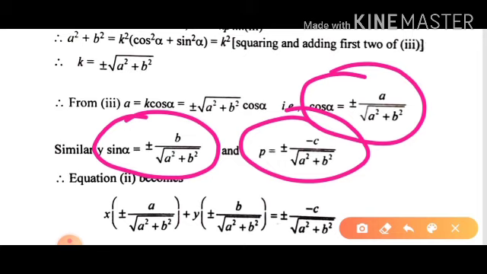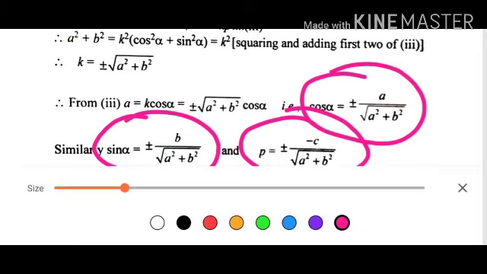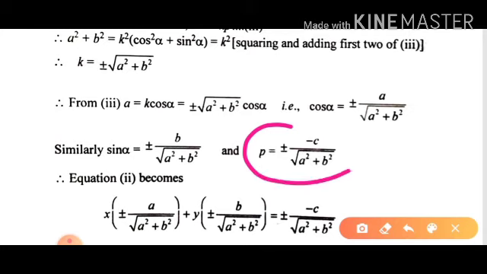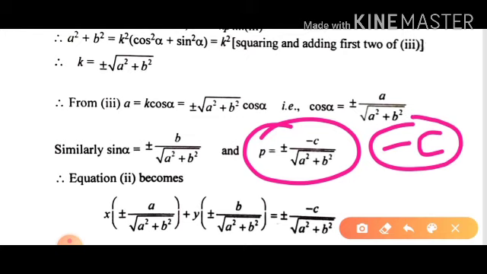Remember why we have taken this plus minus: it will be helpful, because we always try to keep this value positive, because it is the normal. So depending on the value of c, if minus c becomes negative, then we take the minus sign, so minus and minus become positive.